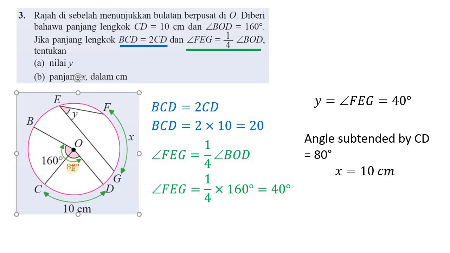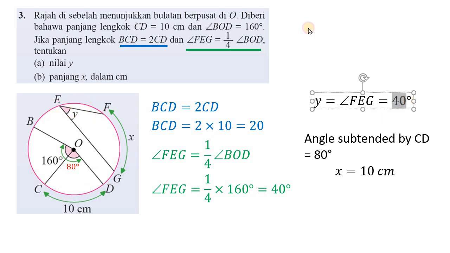If you look at the angle carefully, you will find out y is subtended by the same length arc as length CD, because this one is 40 degree and the center is 80.